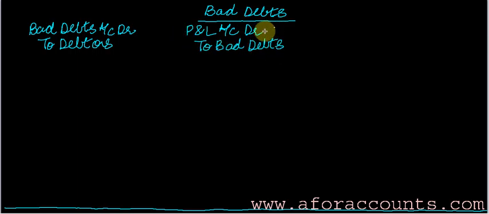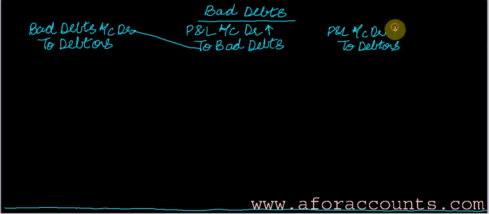P&L account debit, I am increasing my expense in the P&L account, and bad debts, I am actually cancelling this bad debts debit and bad debts credit, and the entry will be P&L account debit to debtors. So see the net entry, P&L account debit to debtors.